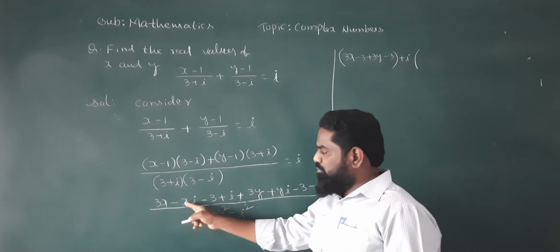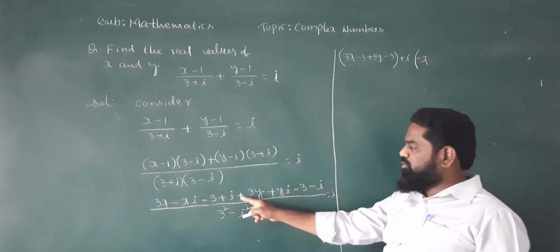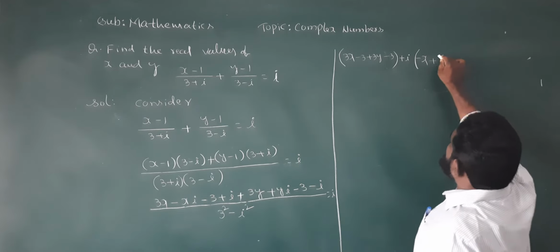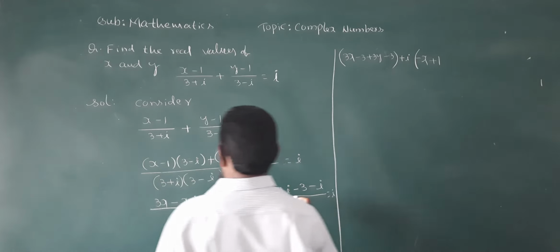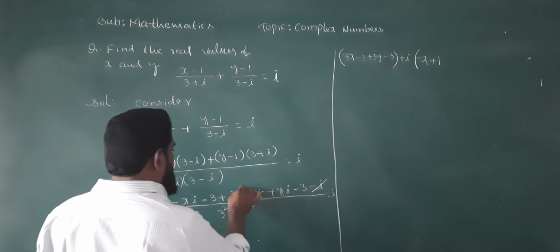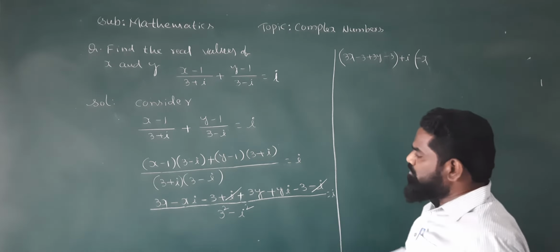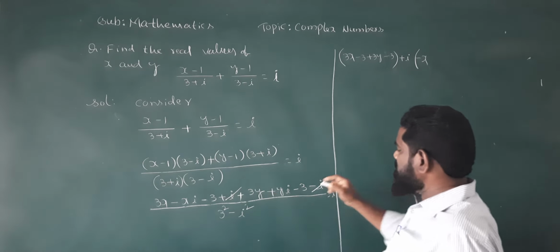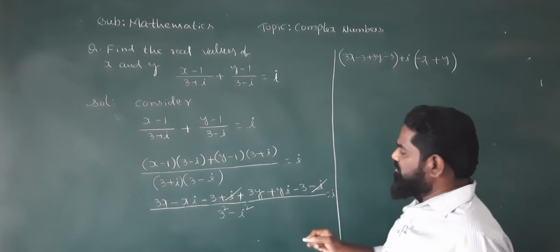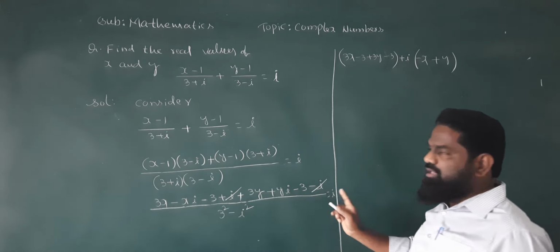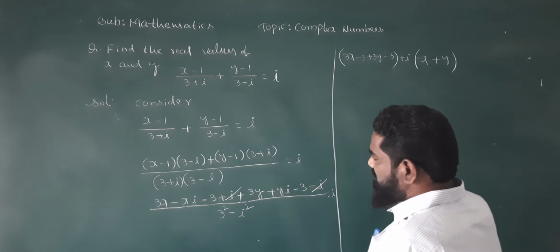Minus x, plus 1, and here minus i and plus i get cancelled. Take the remaining values: minus x plus y. These are the imaginary values. Plus i gets cancelled. Understand?